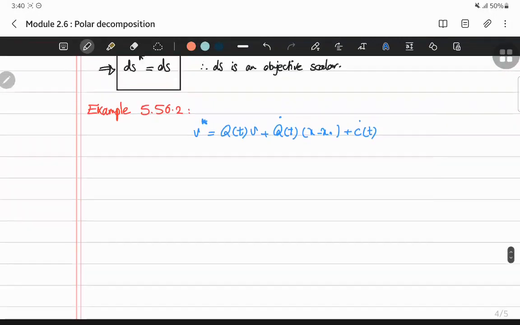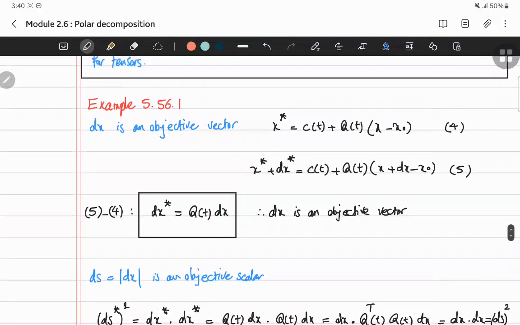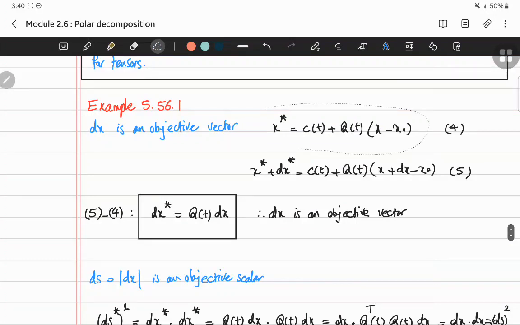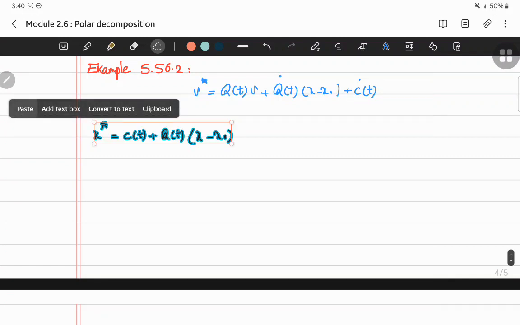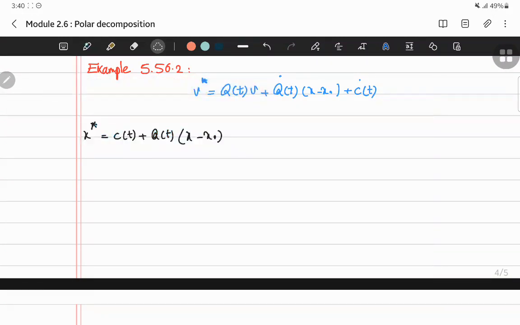So if you recall from here, we had x star. If you take the derivative of this with respect to time, d/dt of x star is equal to, so c(t) becomes c dot t, which is essentially dc/dt.